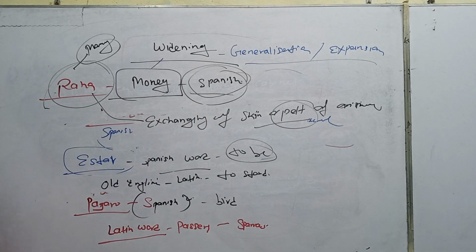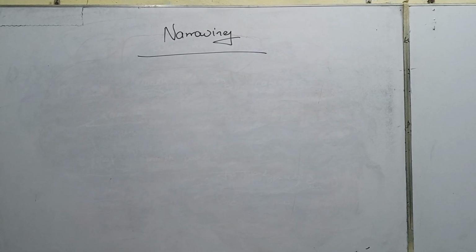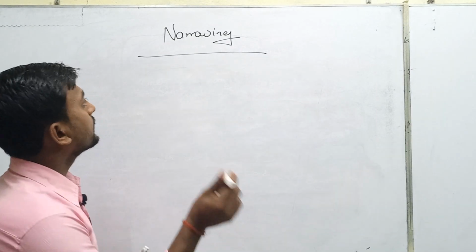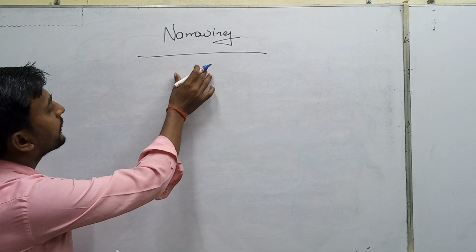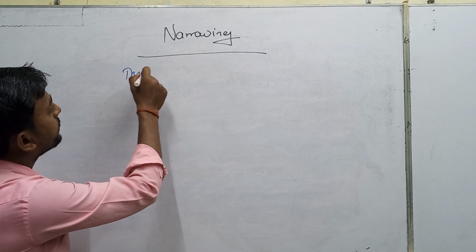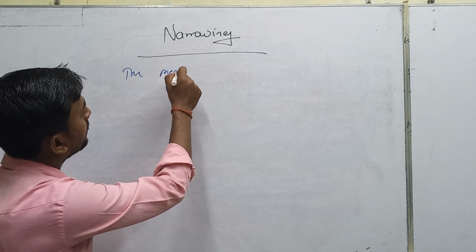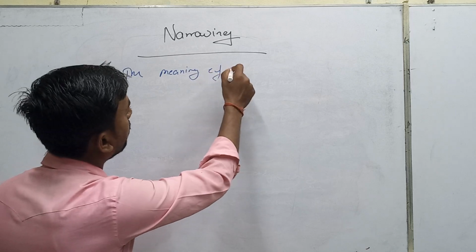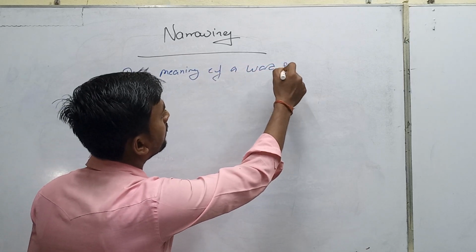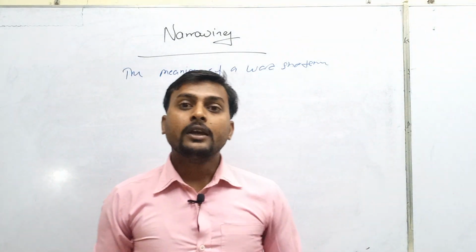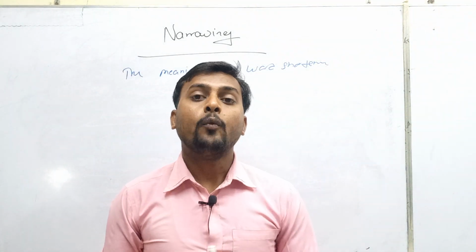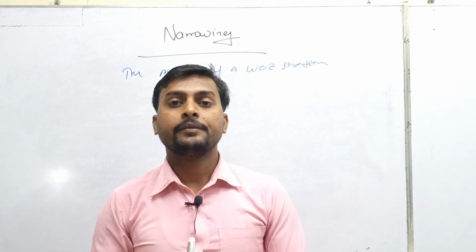Next we come to narrowing. In narrowing, the meaning of a word is shortened. Narrowing is just the opposite of widening or broadening.